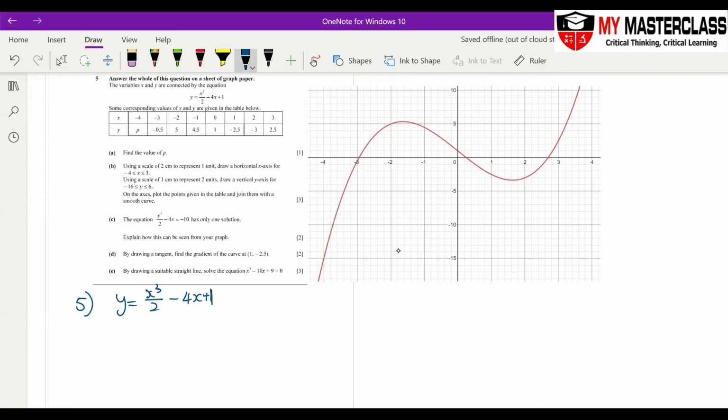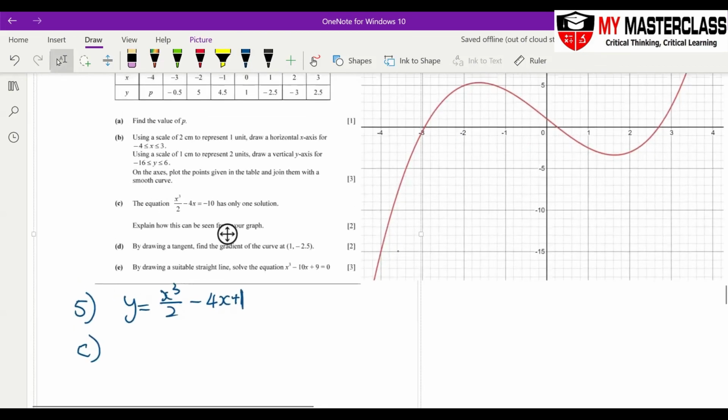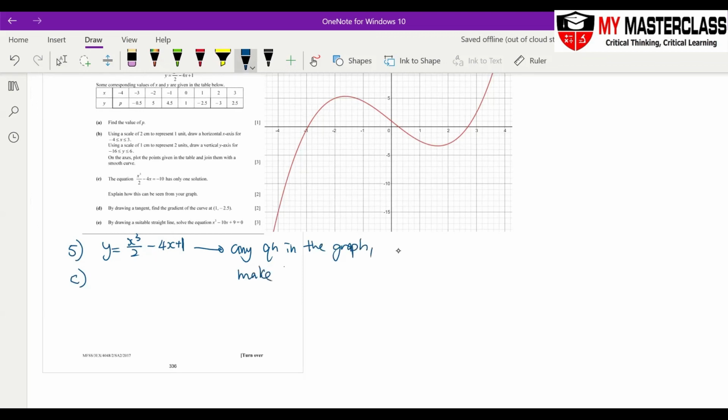Question 5C says, remember, for any question in the graph, you must make the left-hand side equal to the equation of the graph.